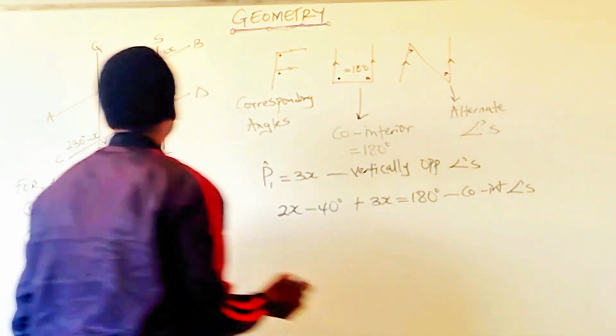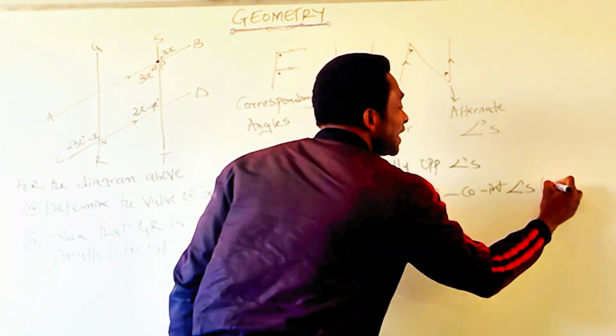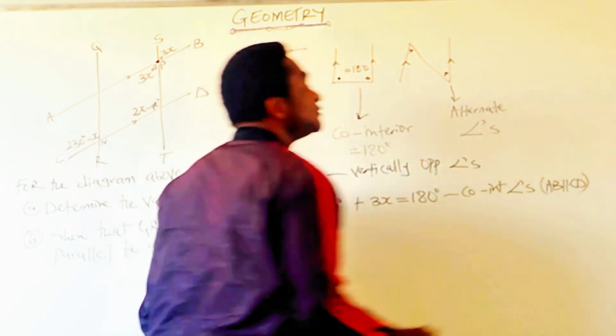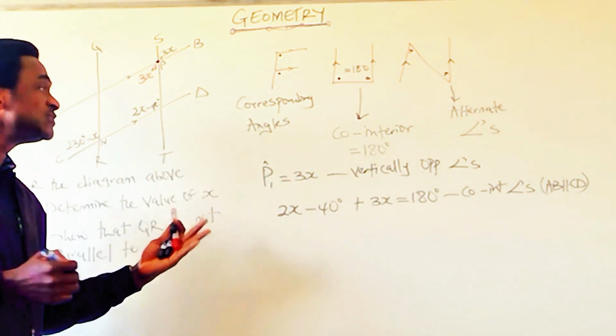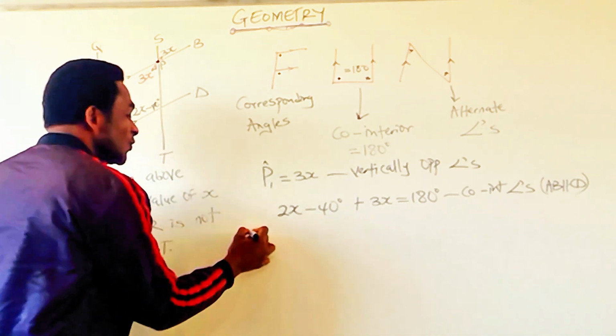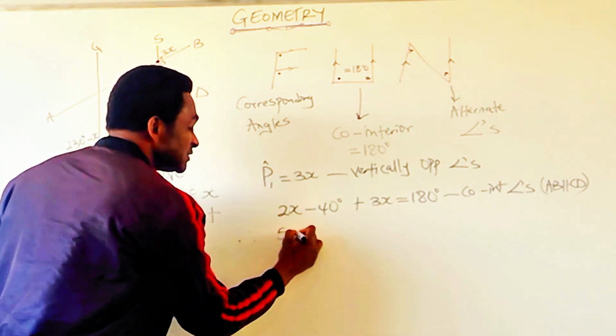Why are they co-interior angles? Because they fall in between two parallel lines, which are AB and CD. Please, this must be mentioned. So we now go on and collect like terms. 2x plus 3x is 5x.